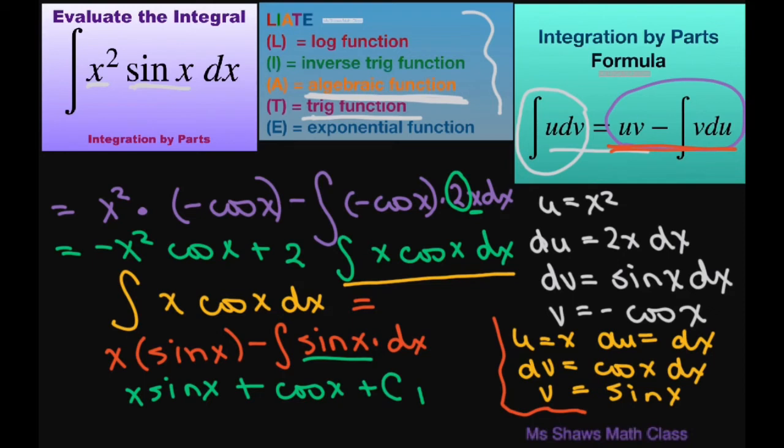And also we had a 2 in front, right? So you want to probably put a 2 in front. So let's put all this together. So I'm going to put this first part we have here along with this part.